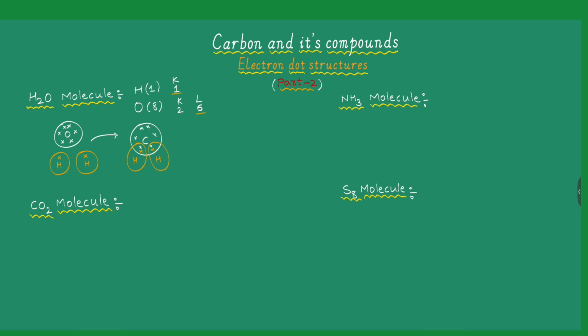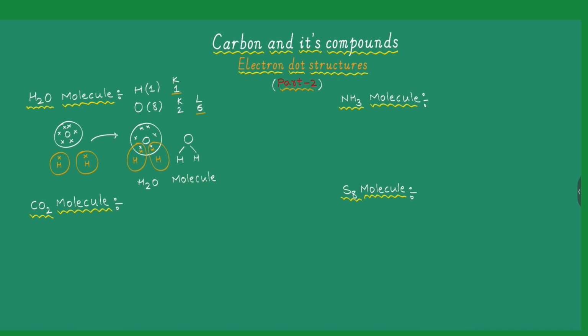The structure will be as shown in the figure, and the structural formula will be like this. So this is the formation of the H2O molecule.